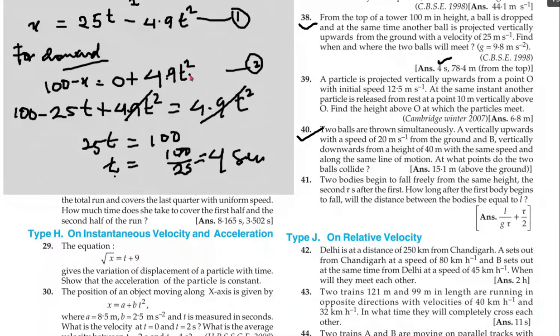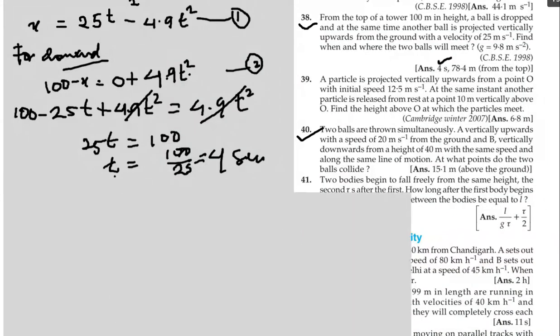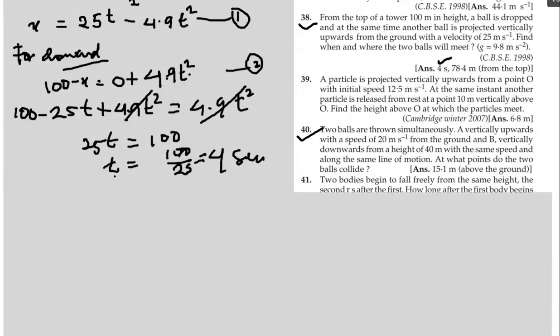So x, the point where they meet from the ground, equals 25 into 4 minus 4.9 into 4 square, which is 16.